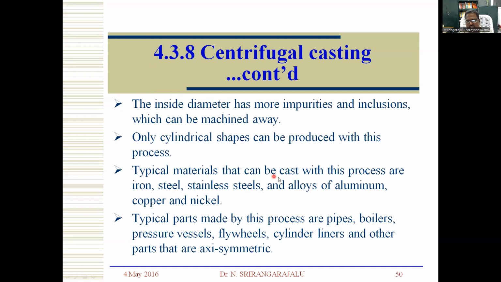Typical materials are iron, steel, stainless steels, and alloys of aluminum, copper, and nickel. Typical parts are pipes, boilers, pressure vessels, flywheels, cylinder liners, and other axisymmetric parts.